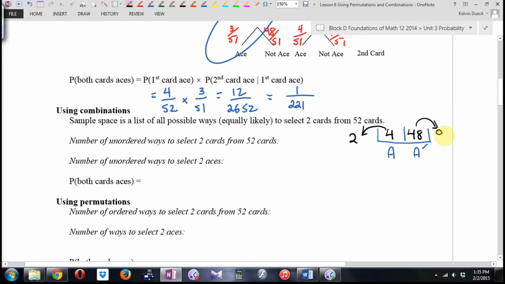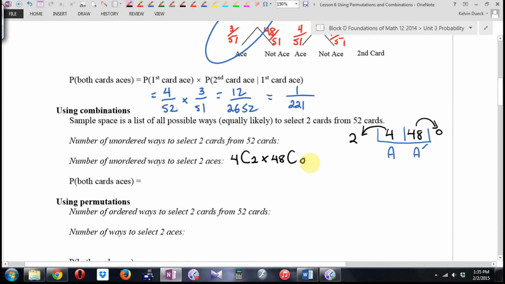So it seems to me the number of ways to select 2 aces is from 4 aces, and I'm writing this on the second line, choose 2, and from 48 remaining, choose how many? 0.